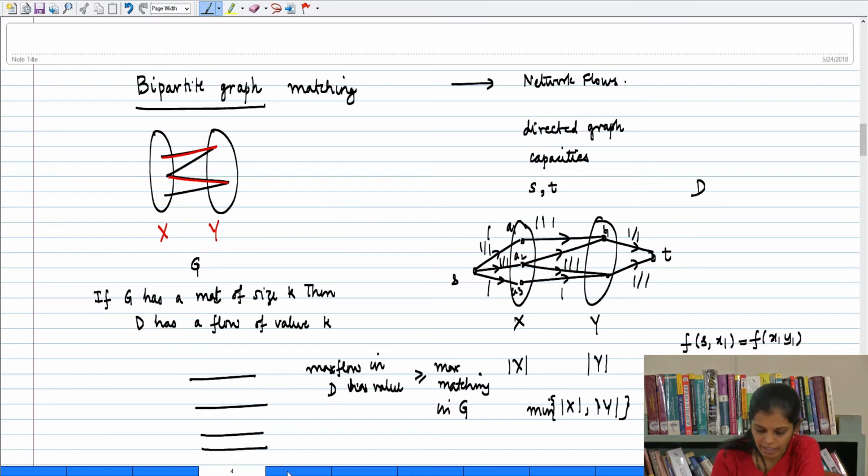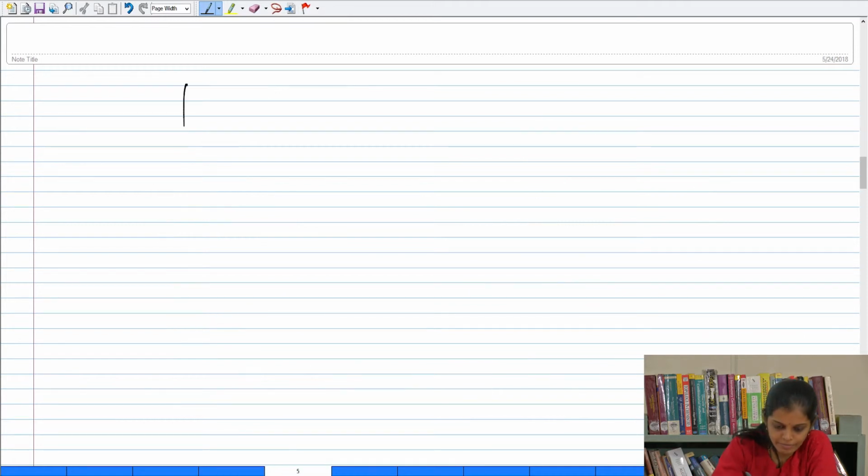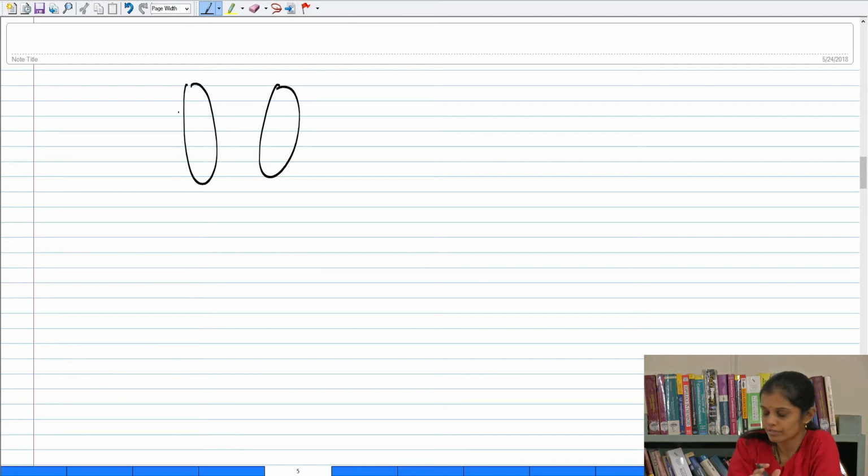So now what we are trying to show is, you take the graph D, concentrate only on the bipartite graph, and look at the edges that got unit flow. For the sake of contradiction, suppose there are two edges incident on a vertex which get 1 unit of flow.